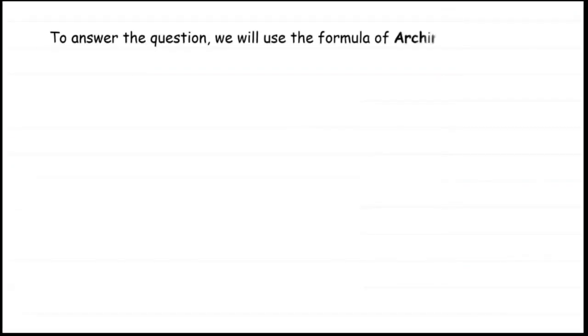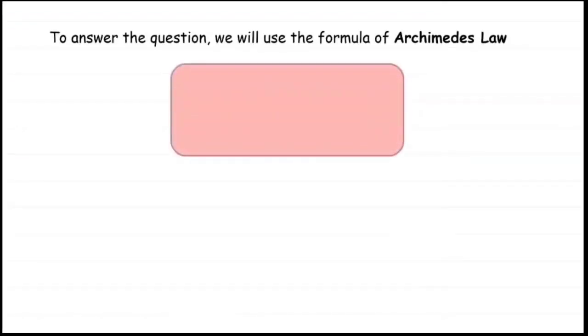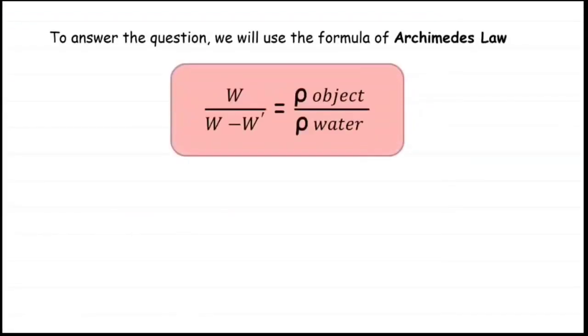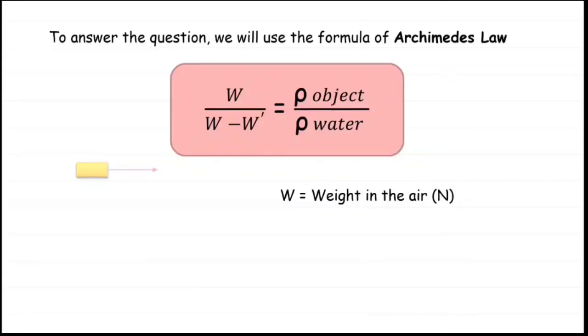To answer the question, we will use the formula of Archimedes' law. One of the formulas is W over W minus W accent equals rho object over rho water, with W being the weight in the air. In this case, it is the weight of gold in the air, or the initial weight of gold.